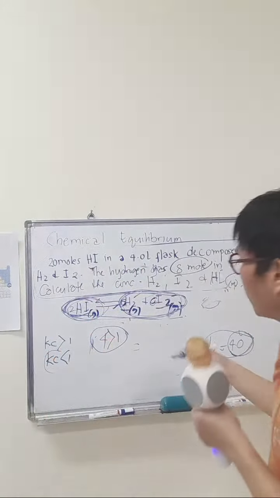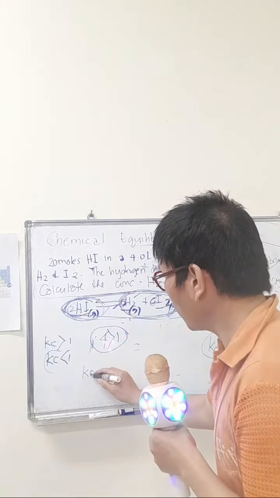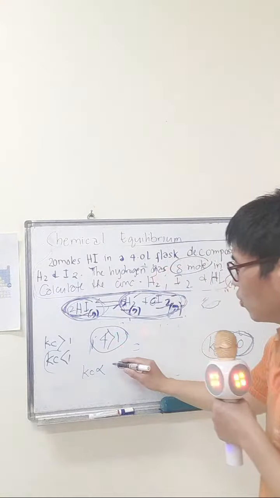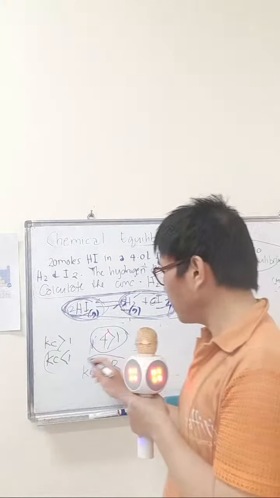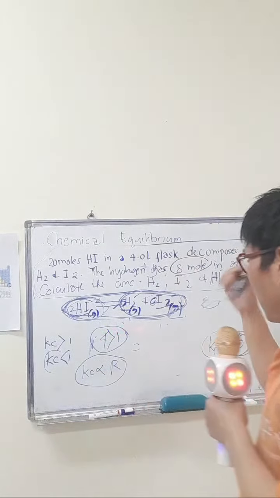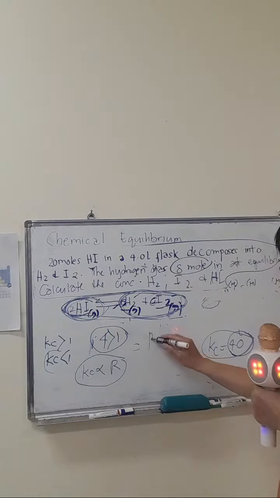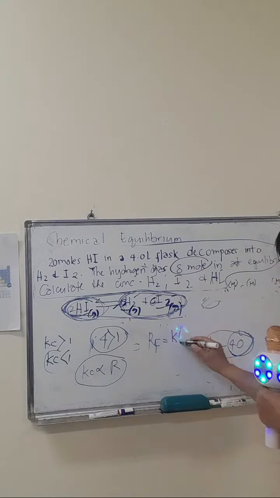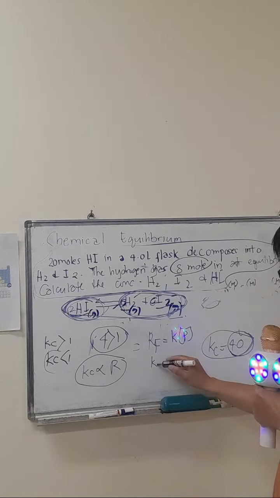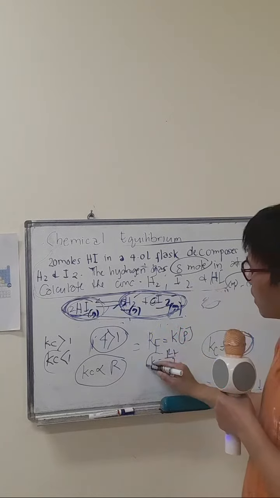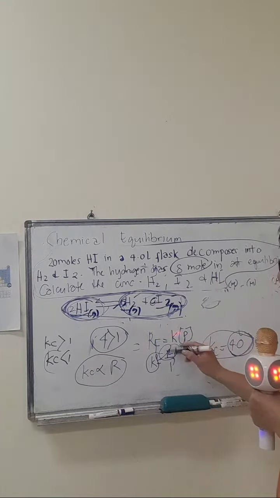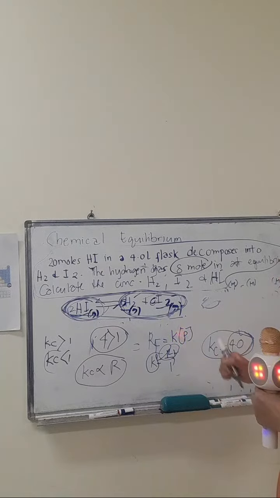Because Kc is directly proportional to the chemical reaction rate. Really, Sir, how can you prove that? Like this: reaction rate forward is equal to K times the concentration of the product. Then solve for K. So K is equal to the rate over the concentration of the product. Therefore, the equilibrium constant is directly proportional to the rate of the forward reaction.